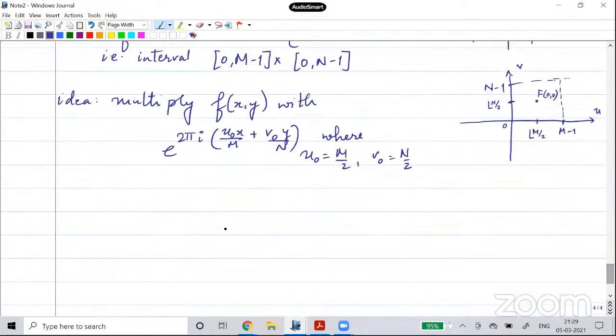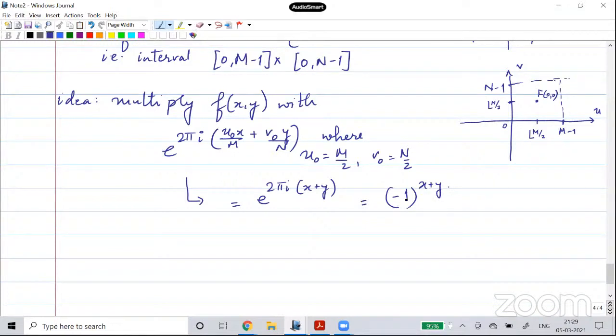If you just do those substitutions, you get e raised to 2 pi i times (x plus y)/2. So this will be just the cosine function with these periods. This is going to be minus 1 raised to x plus y.